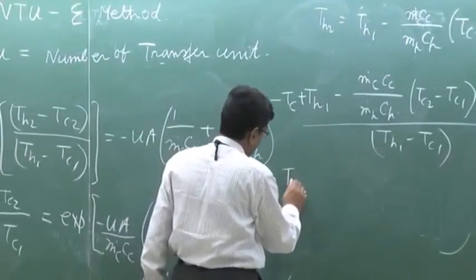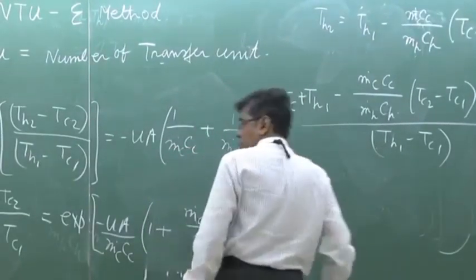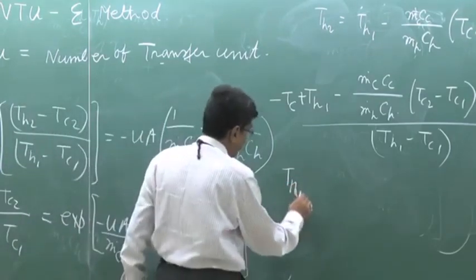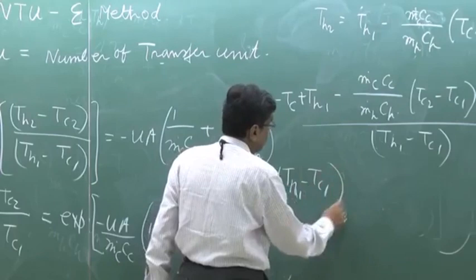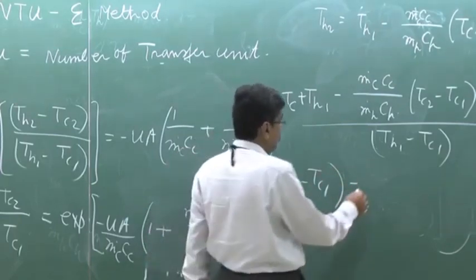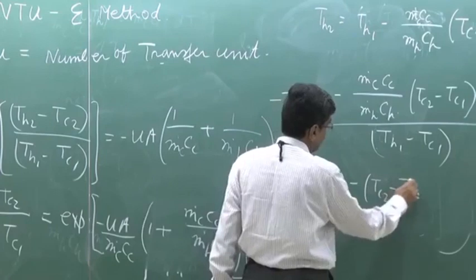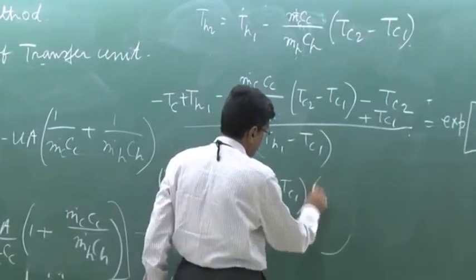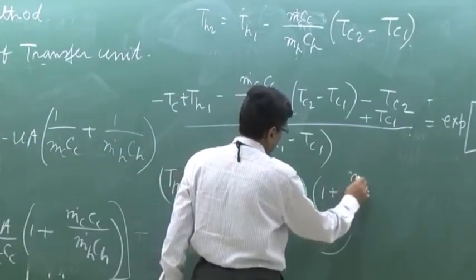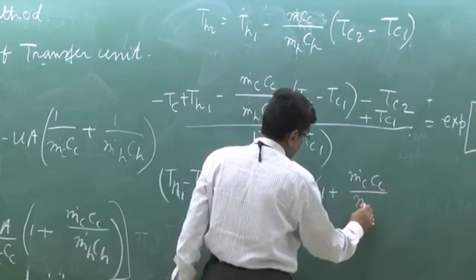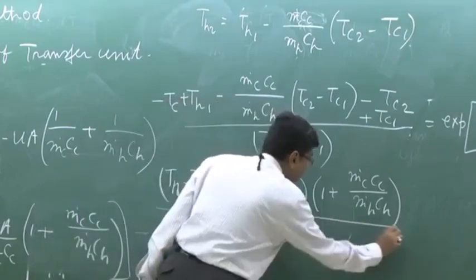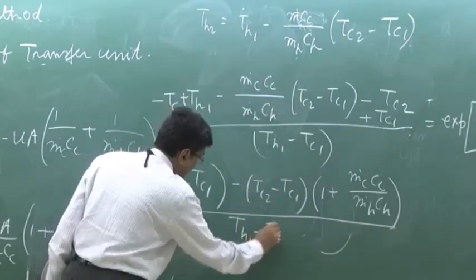let me write that, Th1 minus Tc1 minus Tc2 minus Tc1 into 1 plus m dot cCc by m dot hCh, divided by Th1 minus Tc1.